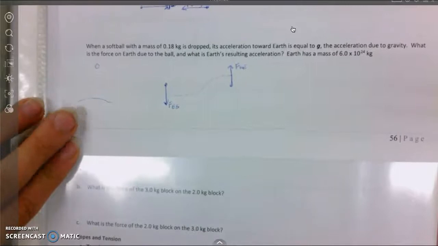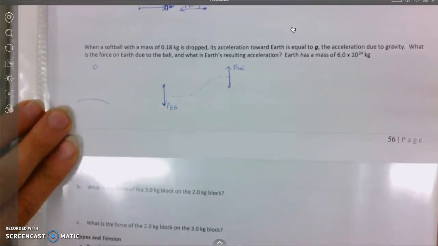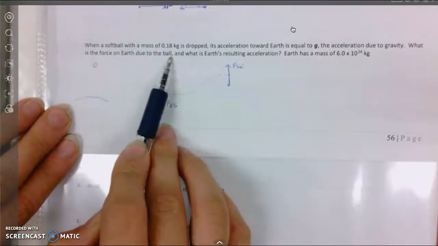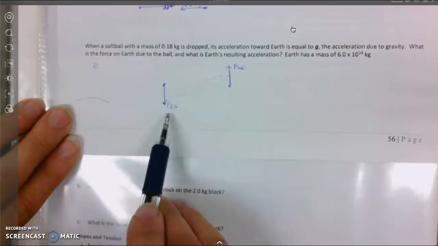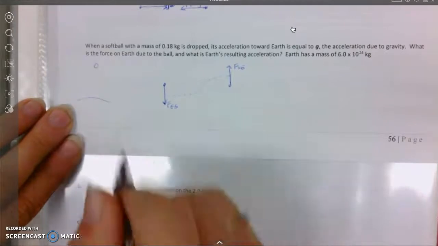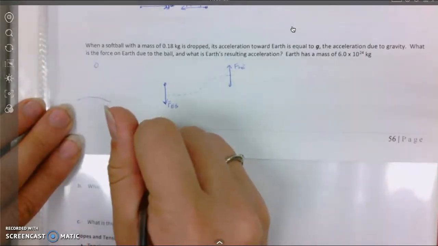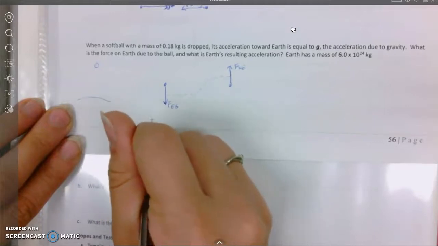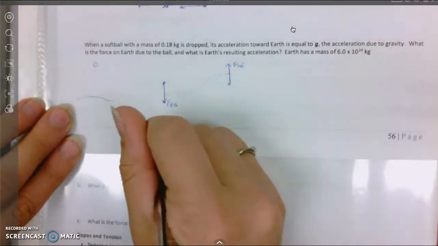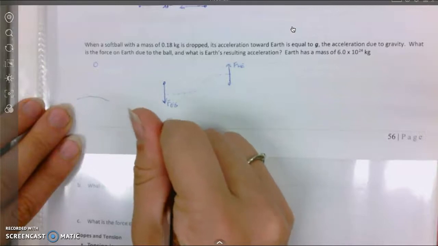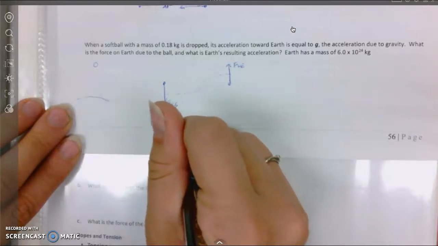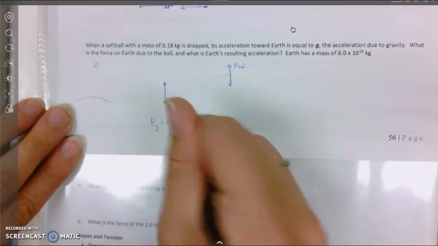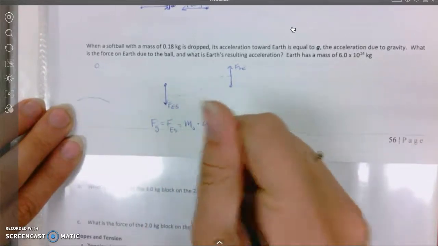So the first thing, what is the force of the Earth on the ball? Meaning, what is the force of gravity, right? And we learned, I think it's the learning target just previous to this, that the force of gravity, or the force of Earth on the softball, is just equal to the mass of the softball multiplied by the acceleration due to gravity.